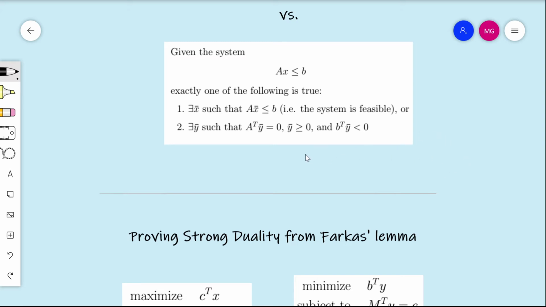And our vector y bar satisfies these constraints. And so that makes it a certificate of infeasibility for the original system, Ax less than or equal to b. Actually, our matrix is called M, not A, but again, whatever. So Mx less than or equal to b is infeasible then, because that's what y bar says. It's a certificate of infeasibility. So there does not exist an x bar such that the system is feasible.